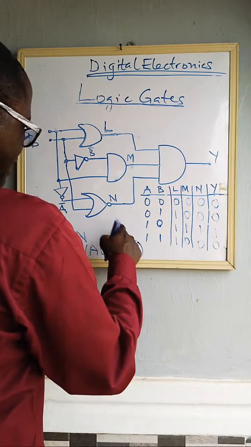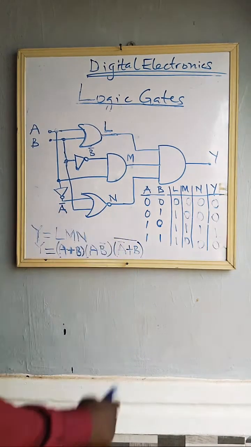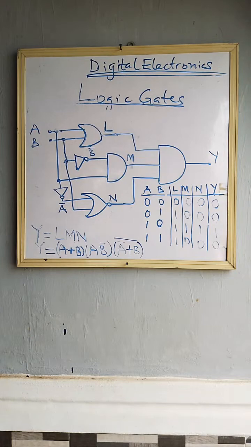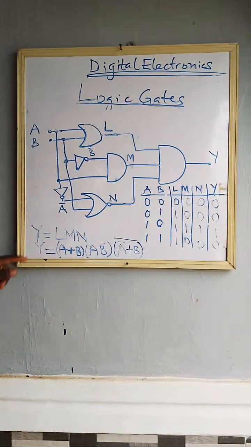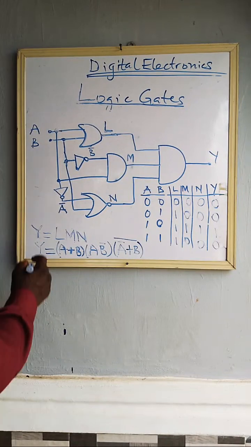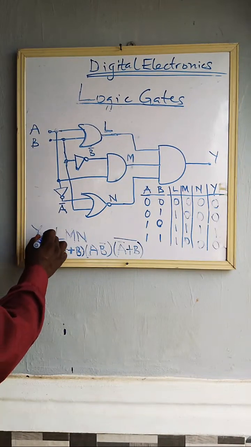The final bar indicates that that is a NOR function that has been inverted. So this is the Boolean expression for the combinational logic gates that we have on the board. Okay?